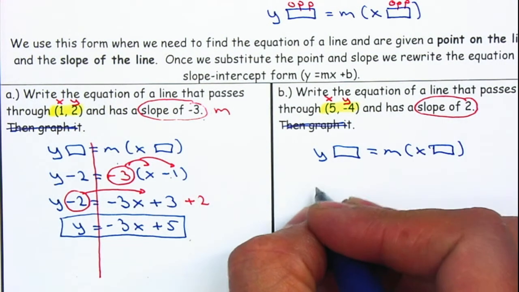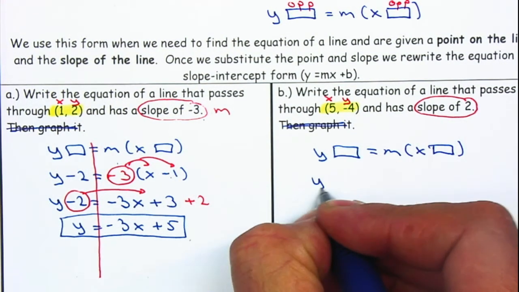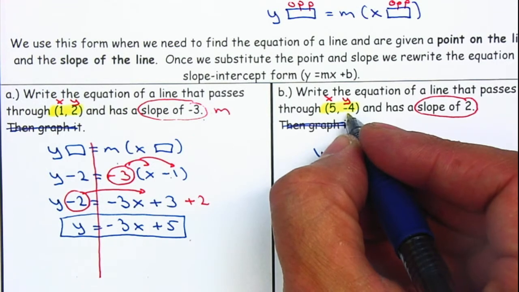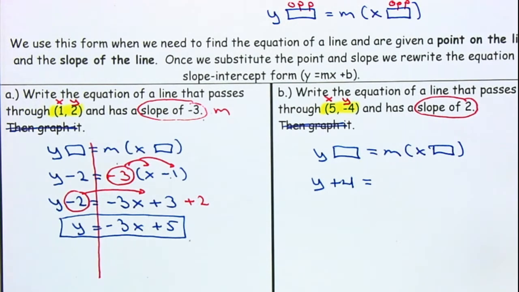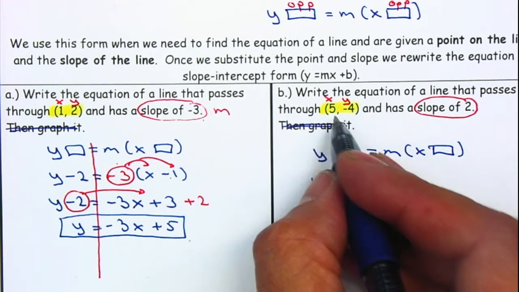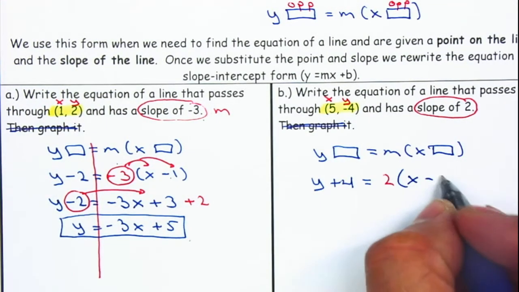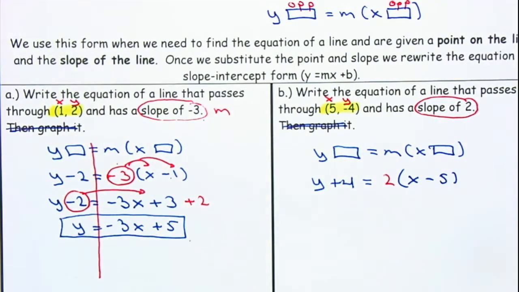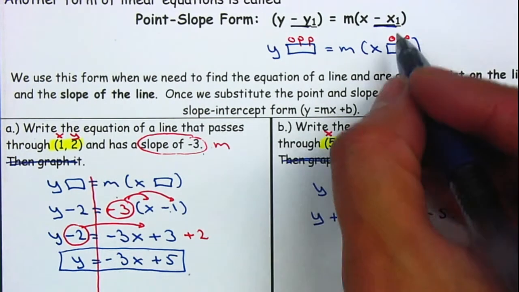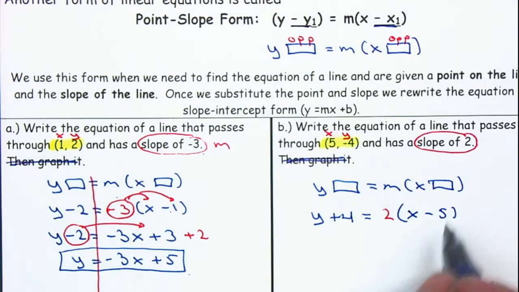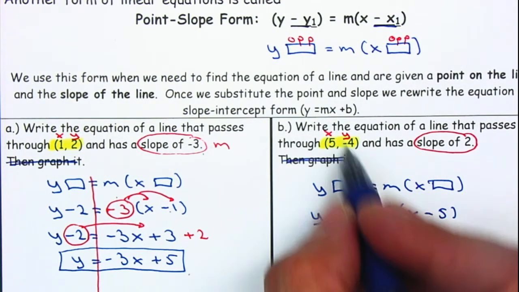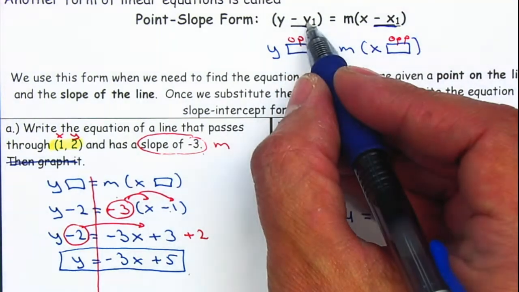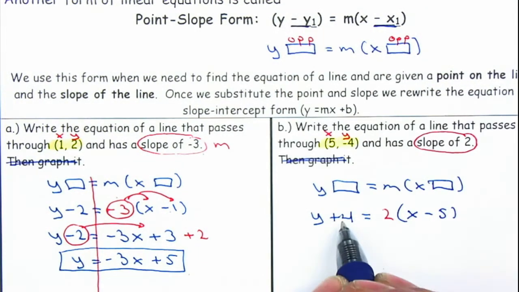And I'm going to substitute the information that's given to me. y, this is a negative 4, so the opposite will be positive 4. My slope is positive 2. Then we have x, this is a 5, so the opposite will be a negative 5. Remember, the reason that we're placing the opposite is just because our formula says minus x1. So the opposite of x1 is negative 5. The opposite of negative 4, it says minus y1, so the opposite is positive 4.